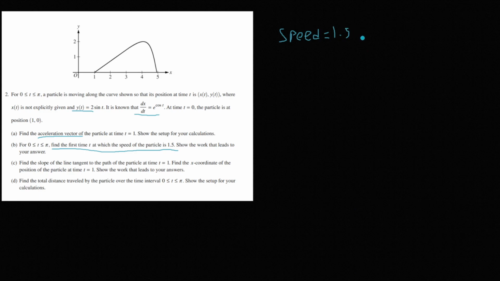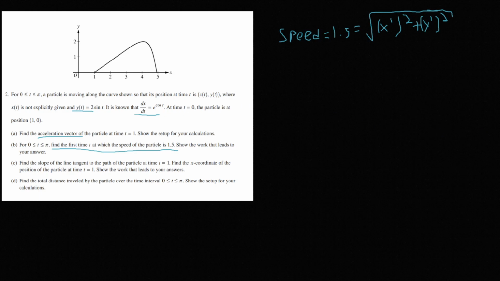And speed is just the square root of x prime of t squared plus y prime squared. I'm just going to label this. And this is the distance formula or Pythagorean theorem for vectors.